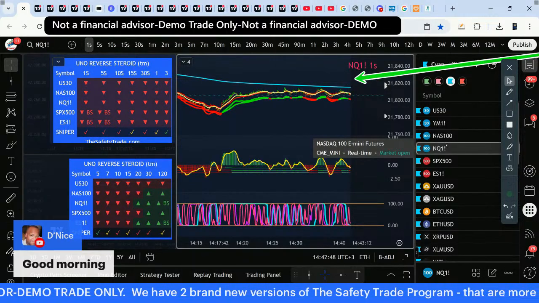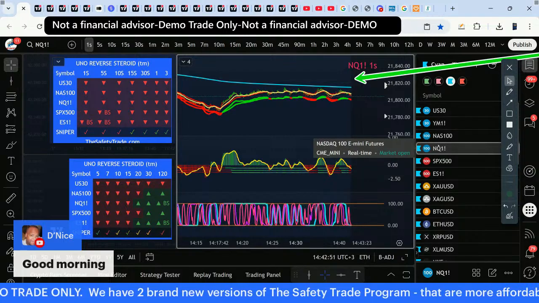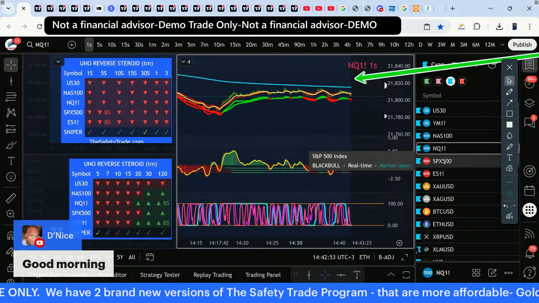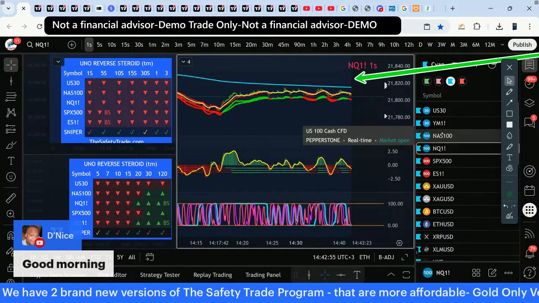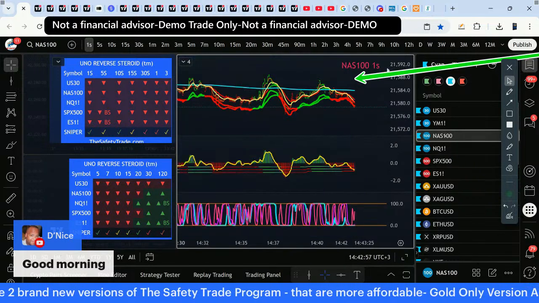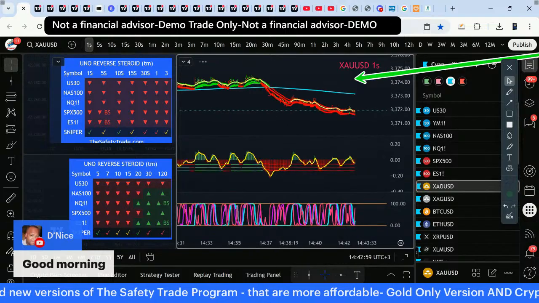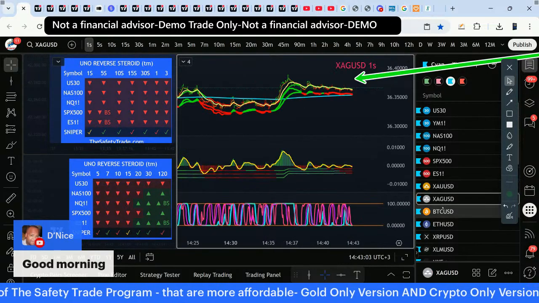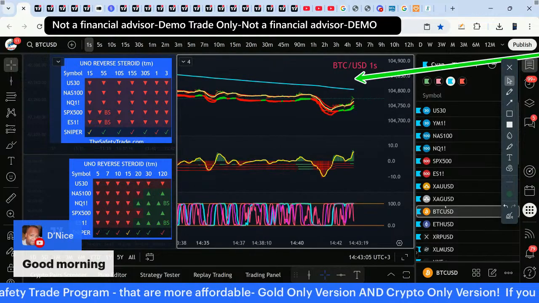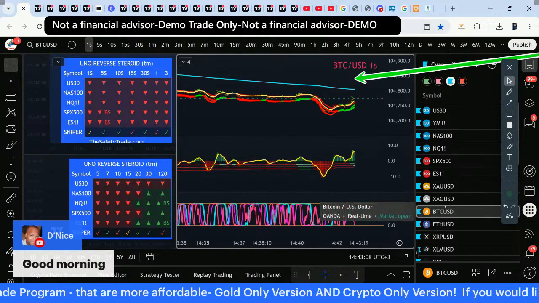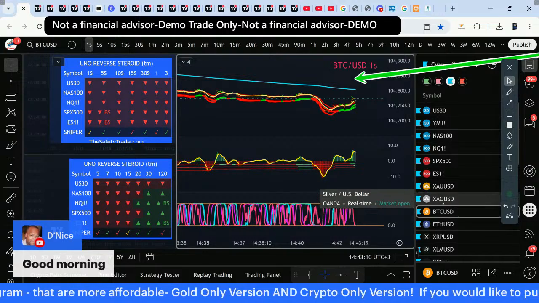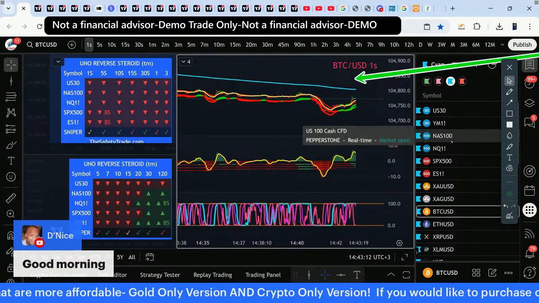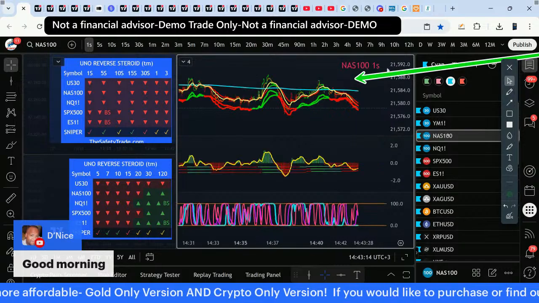Yeah, I'm a little confused because we definitely have movement on NAS. Let me see if we have movement on gold. Yeah, we still have gold going too. Silver, Bitcoin. Oh, I know Bitcoin's moving. It's never not going to move. Yeah, Bitcoin's moving. All right, so evidently, I don't know.